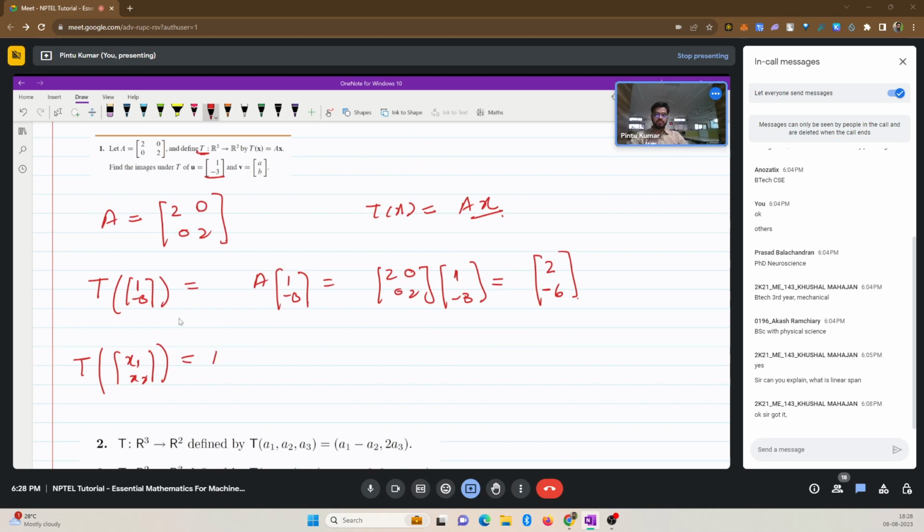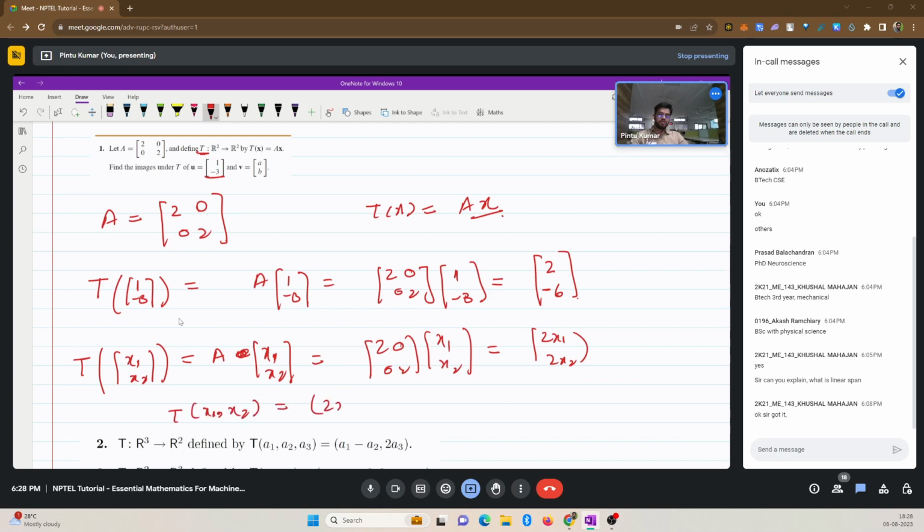This is also simple. We will just multiply A with x1 and x2. So we obtain [2 0; 0 2] times (x1, x2). This is nothing but (2x1, 2x2). So what is the transformation of (x1, x2)? This is (2x1, 2x2).